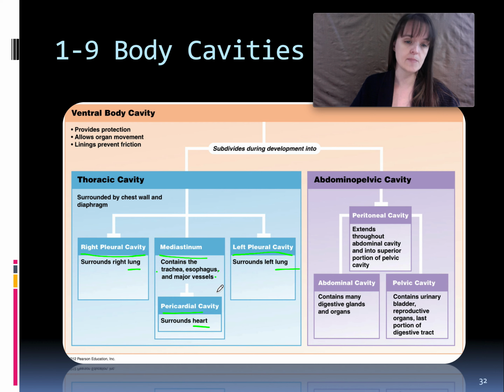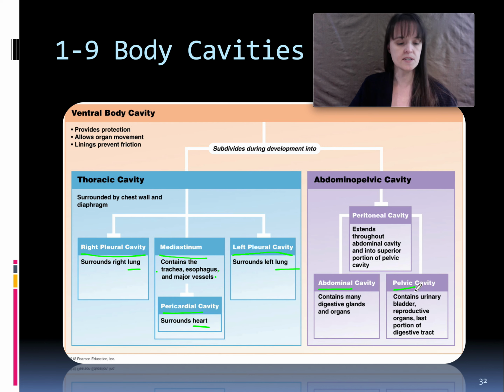And the pericardium is the shiny, slippery serous membrane of the pericardial cavity. The inner pericardial layer is the visceral pericardium, and the outer layer is the parietal pericardium, and they surround the heart. The abdominopelvic cavity is divided into a large abdominal cavity and a small pelvic cavity.